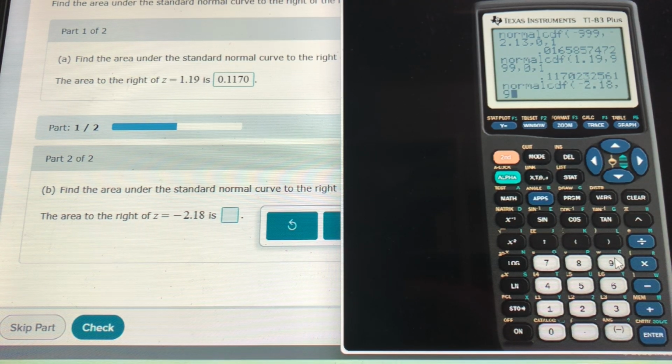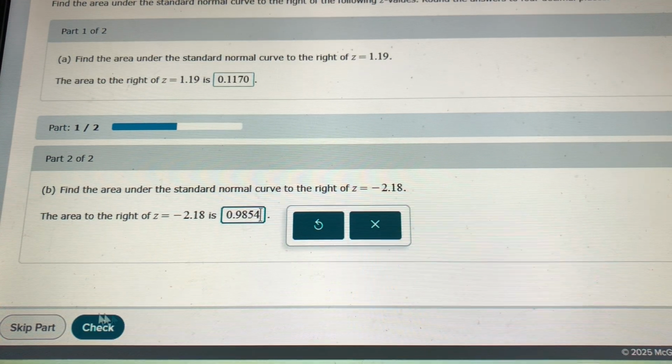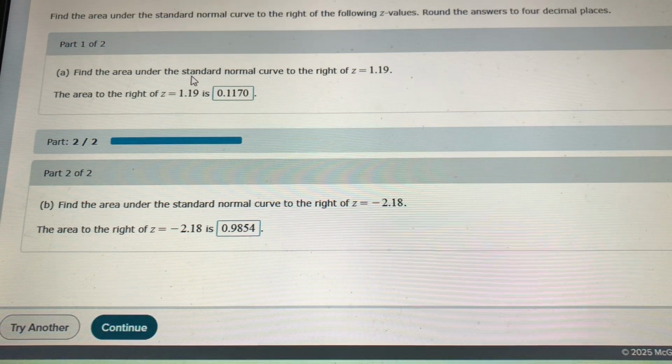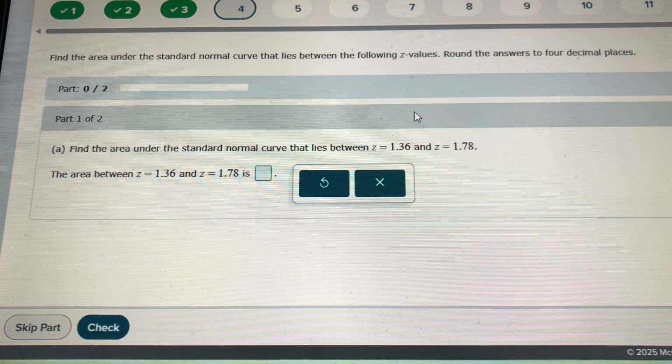And then 999 goes second, and then 0 and 1. 98537, so bump that 3 up to a 4, 9854. They're trying to show the difference between a positive and a negative, but there is really no difference when you do it in the calculator. You don't really care what number they give you if there's just one given.